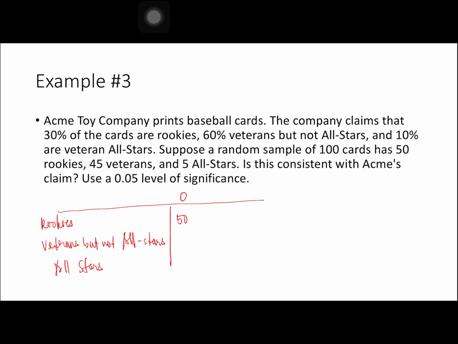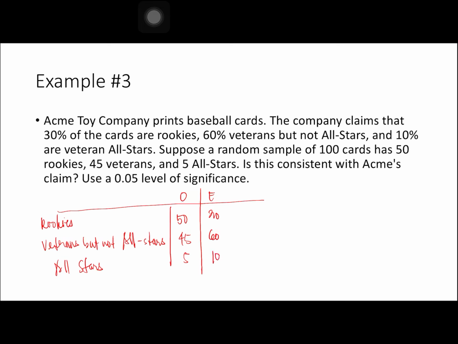Veterans but not all stars are 45, and we have 5 all stars. So for our expected, since we are given the percentage for 100, 30% is 30. For our veterans, 60% is 60. Then we have 10 for the all-stars.